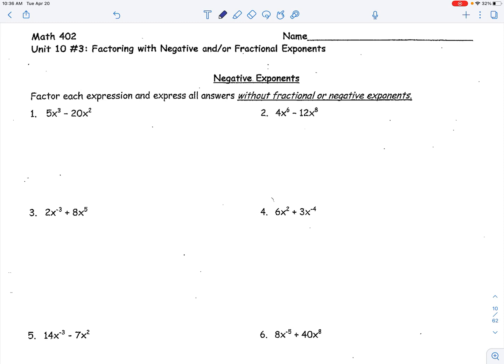All right, so factoring with negative and/or fractional exponents. Okay.